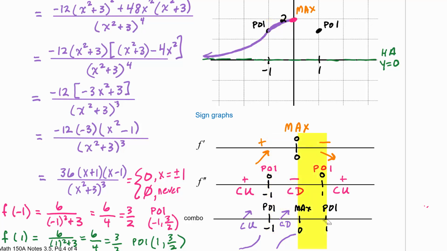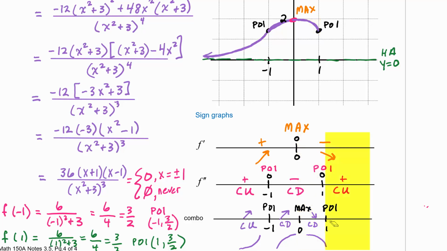Now, from 0 to 1, we're going to be decreasing and concave down. So that's going to have to look like this. So from the max until the point of inflection, we are decreasing and concave down. That also makes sense with how we have to connect the points.